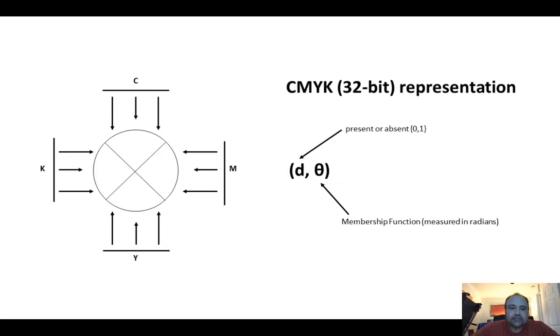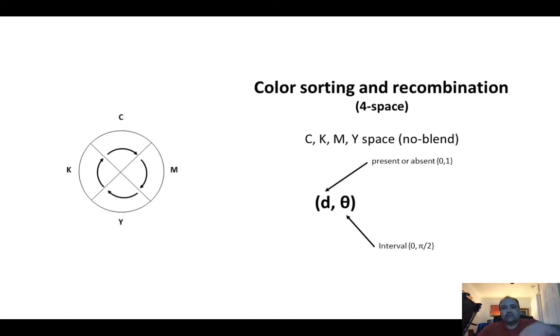And D is present or absent. So D is 0 or 1 in this case, but you could have grades of membership where you're maybe observing a little bit of this color value or a lot of the color value, and you can zoom in and out on the circle. So you can recombine the color space in different ways depending on how your agent is perceiving it or representing it. So you can play around.